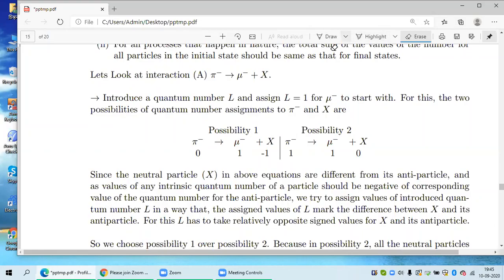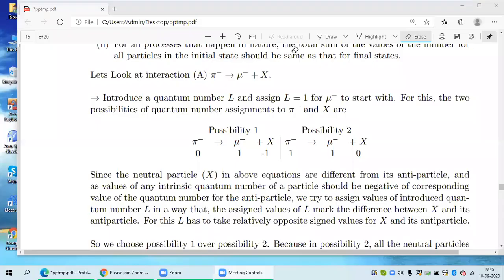So for that we assigned L equal to 1. This is our initialization that we forced. Once we forced it, this L should be such that in all the reactions that happen in nature, it should be conserved.